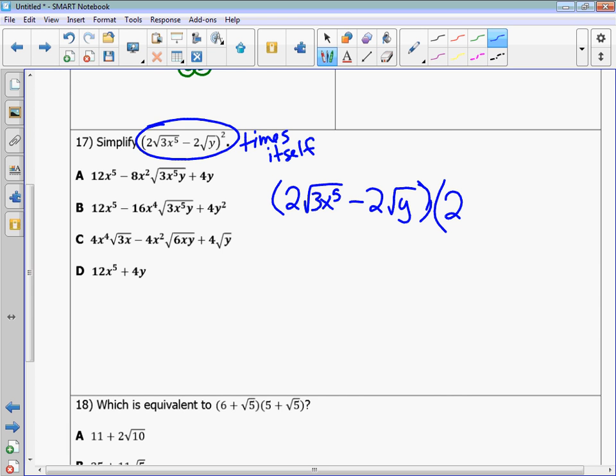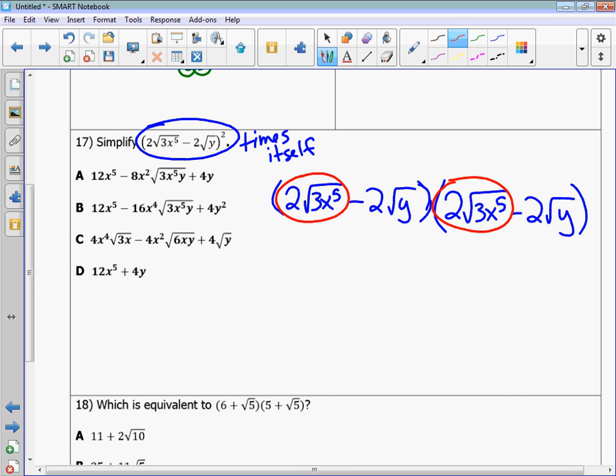And now we distribute. Double distribution. Multiply the first two terms. That's 4 on the outside, square root of 9x to the 10th. Adding exponents when multiplying like bases. And then we multiply the outside terms, first and last term.